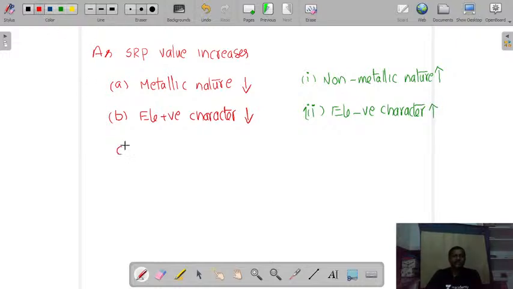And C, as electropositive character decreases, reactivity of metal decreases.